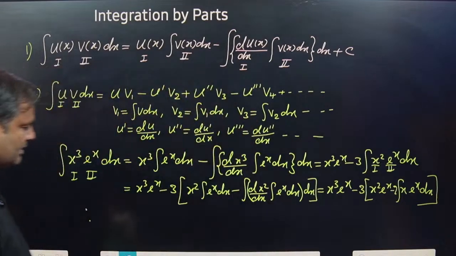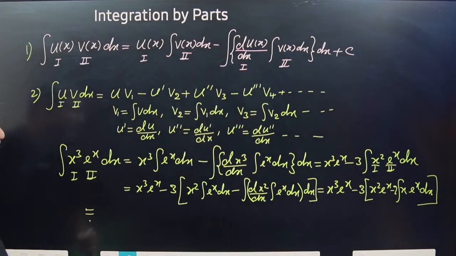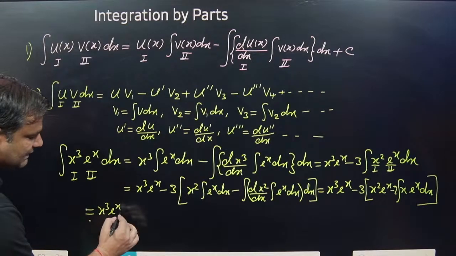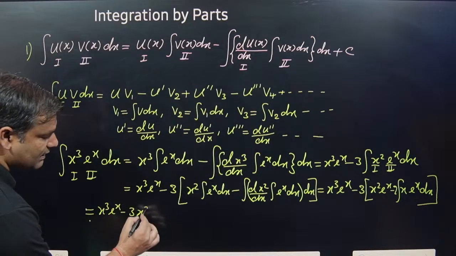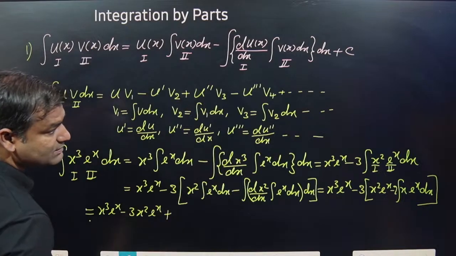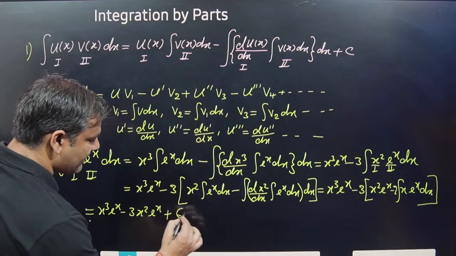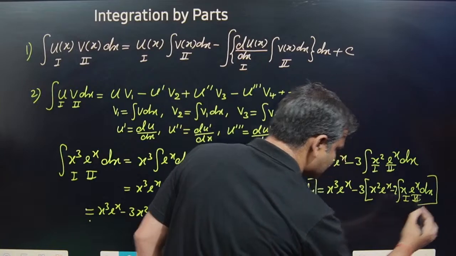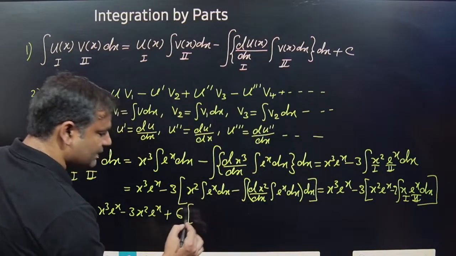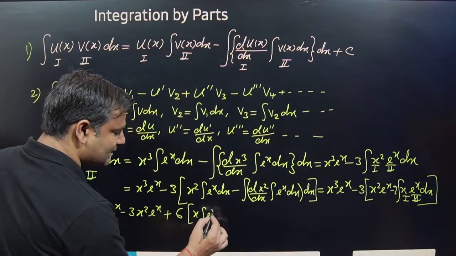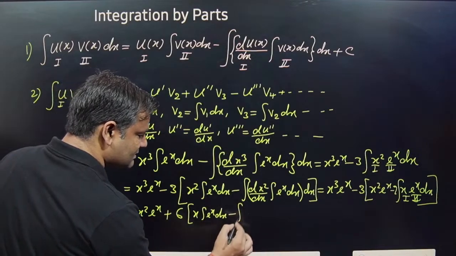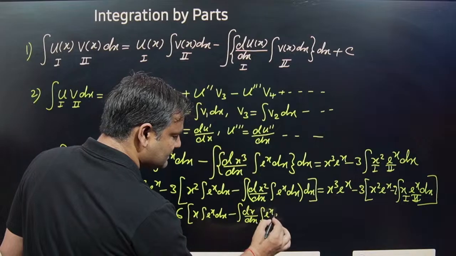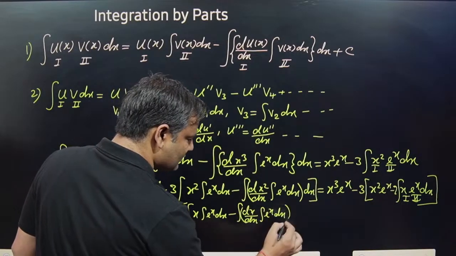Clear? So now finally you can say x cube into e to power x minus 3x square e to power x plus 3 times 2, that is 6, and this one is taken as the first and this one as the second function. So first into e to power x dx minus differentiation of first into e to power x dx, to whole dx.